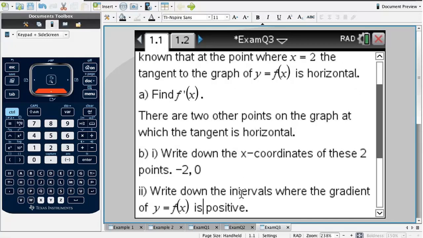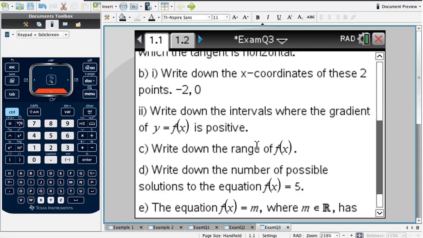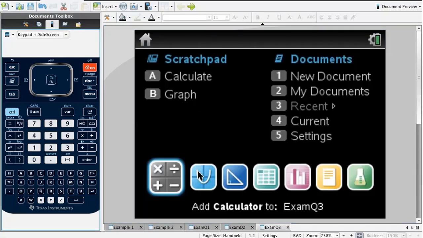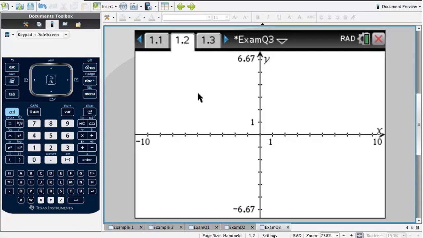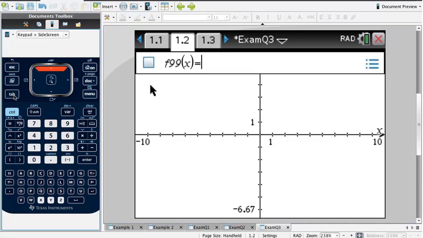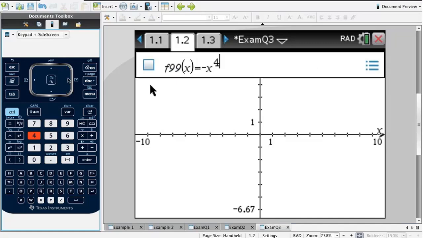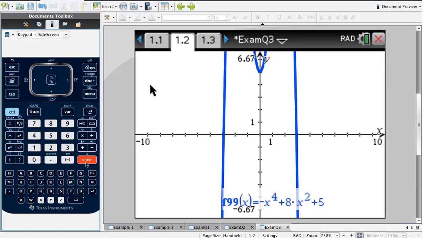Write down the intervals where the gradient is positive. Okay, so if we open a graph document and graph the function, which was, actually, okay, negative x to the 4 plus 8x squared plus 5, we get this.